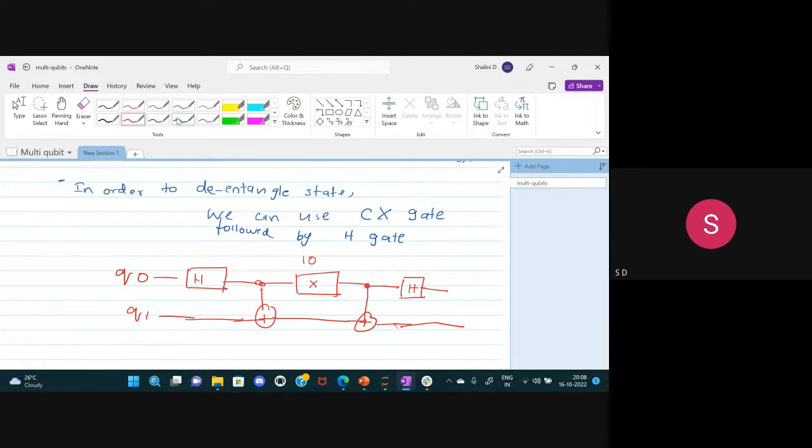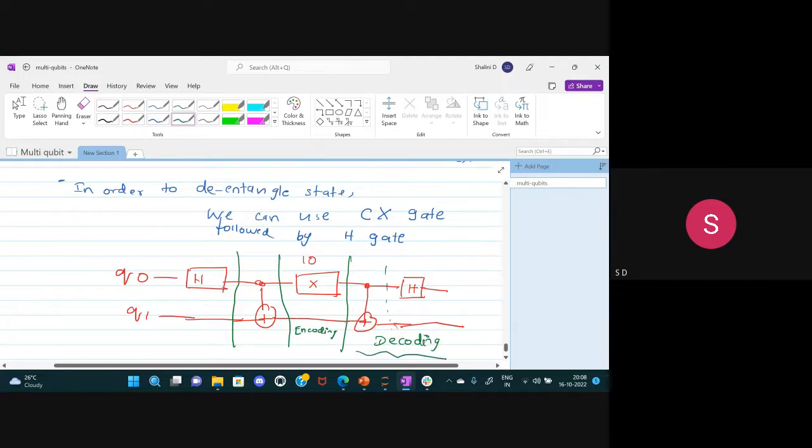So this part is the first one, this is the second one, this is the third one. This part is encoding, this is decoding.